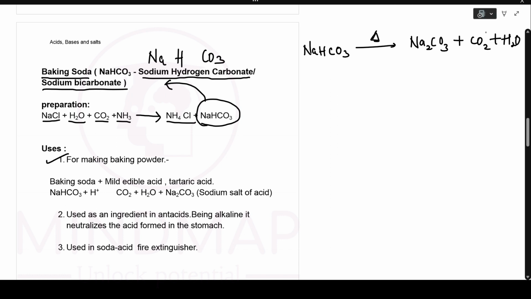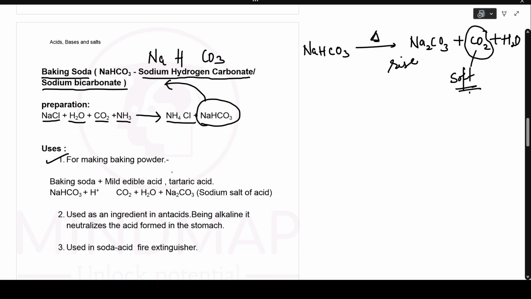Now this carbon dioxide produced during the baking process is responsible for the rise of breads and cakes. It makes the breads and cakes soft and spongy. Clear? Now this is also used for making baking powder.